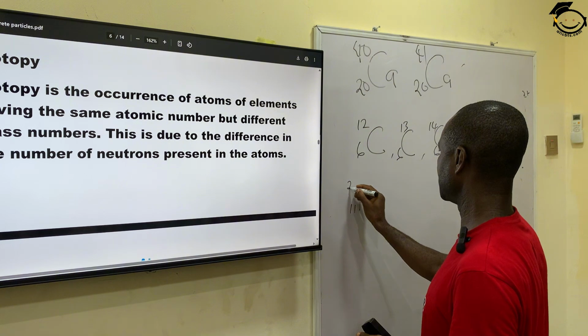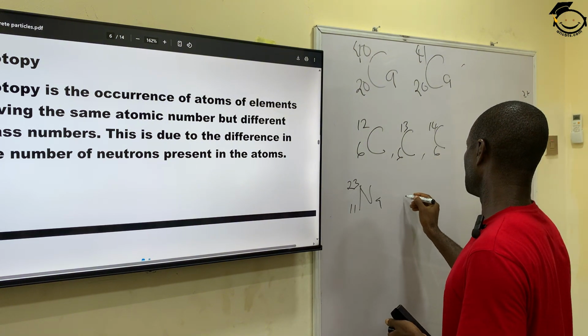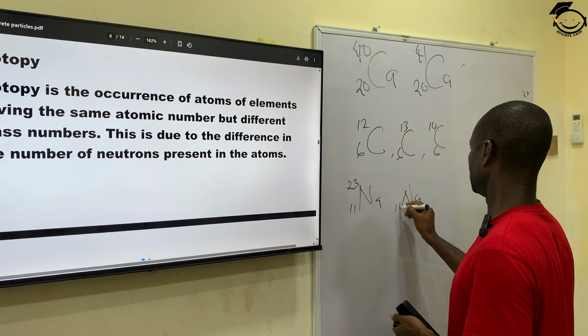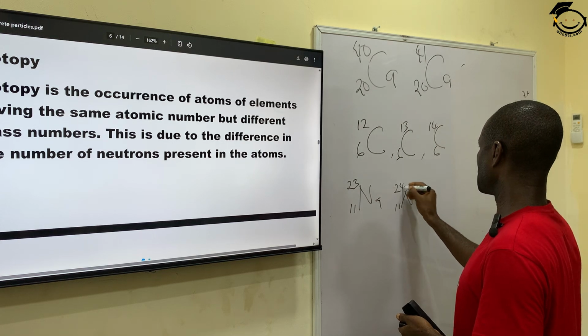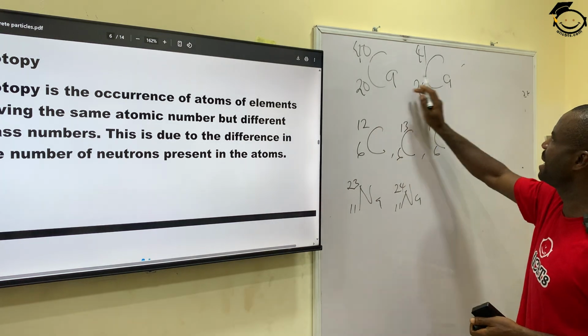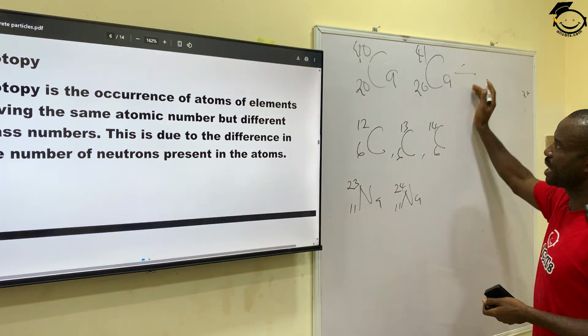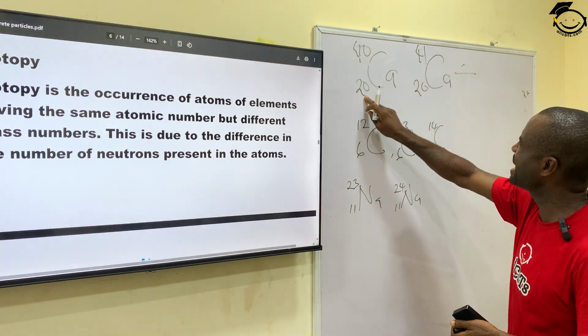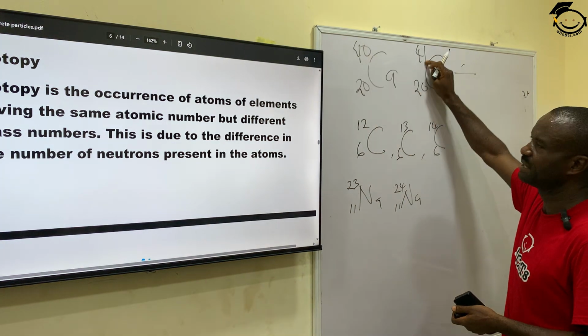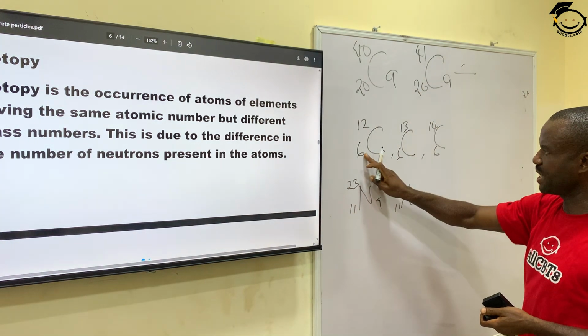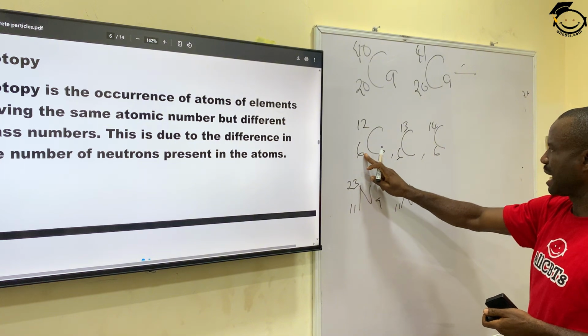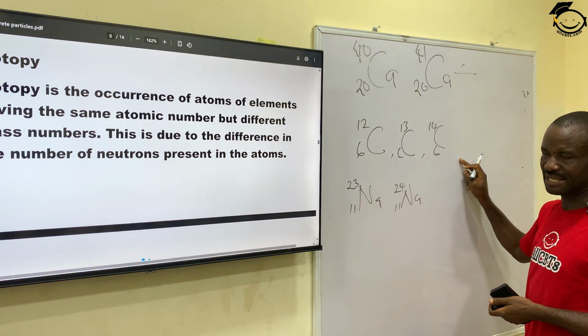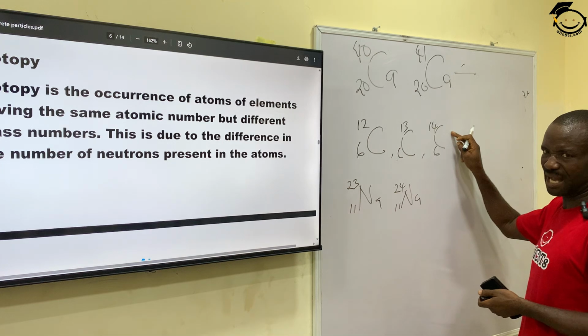We may have sodium 23, sodium 24, and so on. You discover that these elements are actually the same. In this example, this is calcium, calcium. They are the same, but they have the same atomic number but different mass number. The same way here, carbon has the same atomic number 6, but different atomic mass.